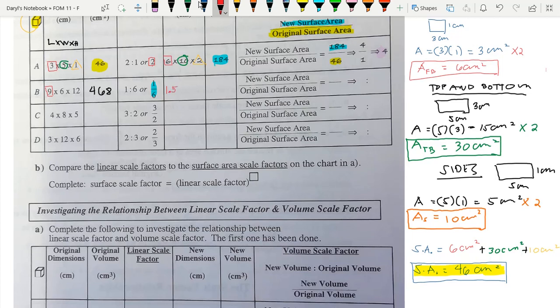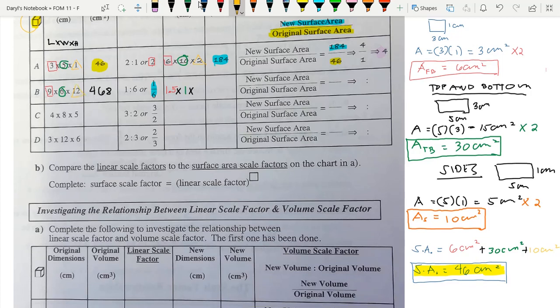So the length of the new prism would be 1.5 centimeters, and then the width would be 6. If you're going to multiply that one by 1/6, that gives you 1, because 6/6 is just equal to 1. And then for the last dimension, this could be height, or this could be the thickness.